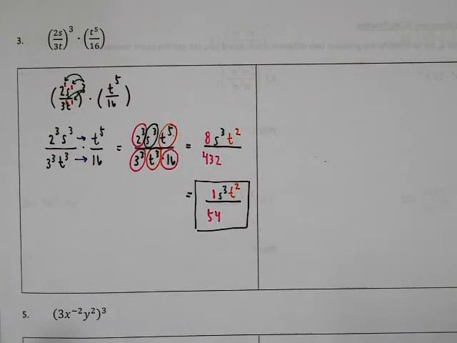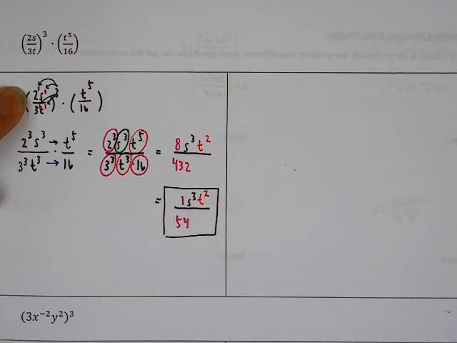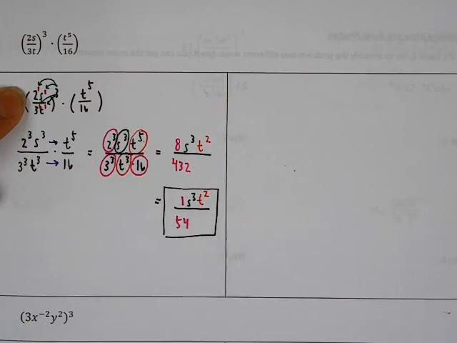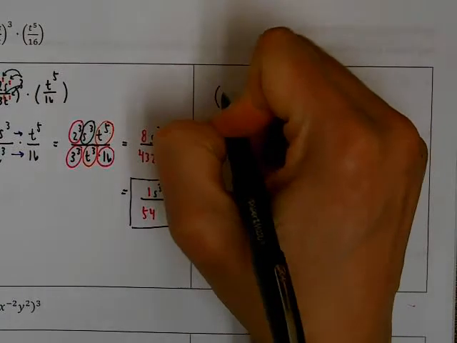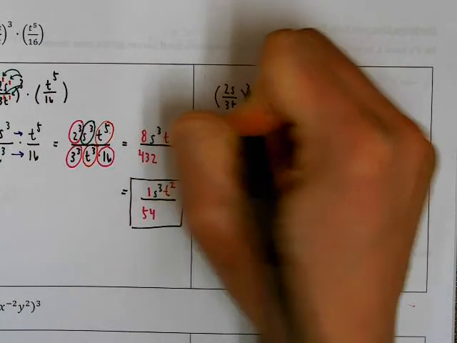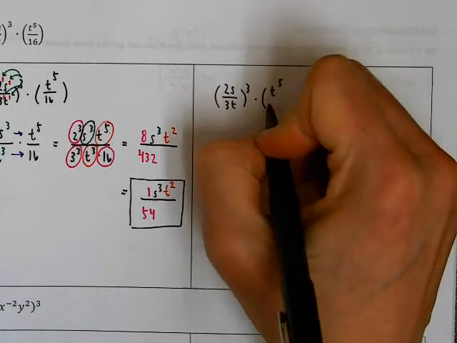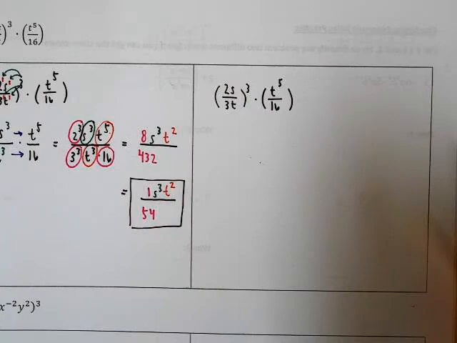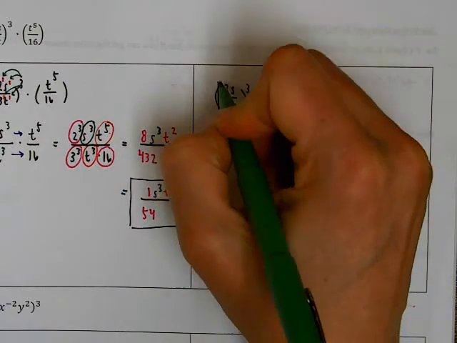All right, let's think about how else we might do this, especially if you're worried you're going to miss one when distributing these exponents. So if I have 2s over 3t, and that's cubed, times t to the fifth over 16, I'm going to deal with this piece first.